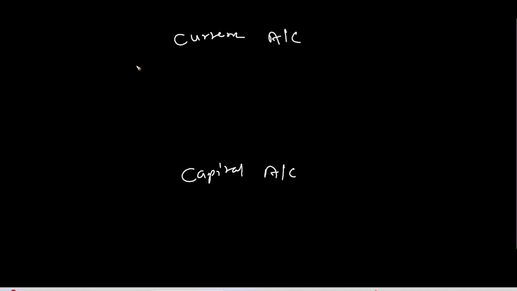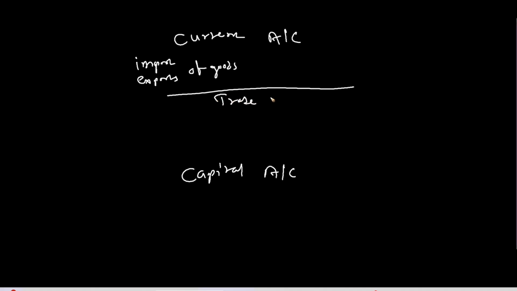In current account, import, export of goods and services, which gives us trade balance. Suppose imports are $100 billion and exports are $120 billion, then trade balance is positive $20 billion. It could be a deficit also.